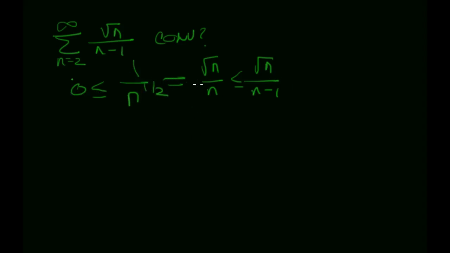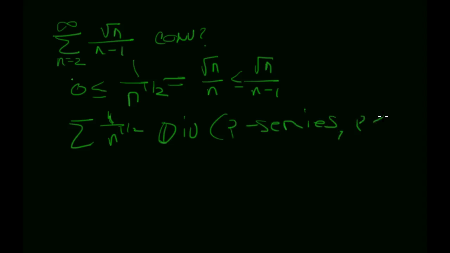And all this is going to be positive when n is 2 or bigger, right? So let's take a look at what's going on here. That's a p-series, right? So this thing, n to the 1/2, that's a p-series. So this diverges, because this is a p-series where p is less than or equal to 1. So I get divergence.